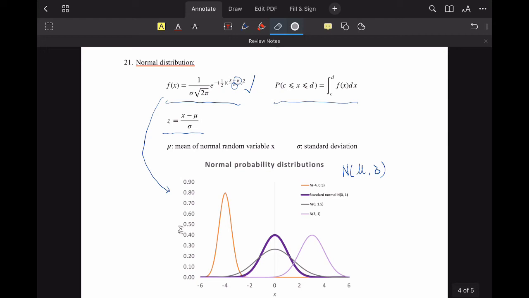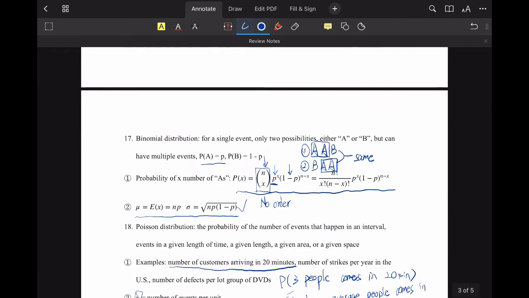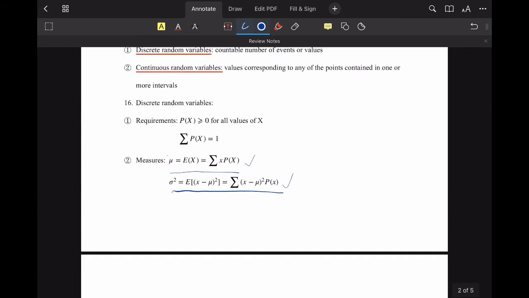The second one is how to calculate probability, and the third one is how to calculate mean and standard deviation. So for the normal distribution, as you can see, the mean and standard deviation are already in this function, so we don't need to do too much calculation. But if you want to do calculation, you can refer to the equation here.